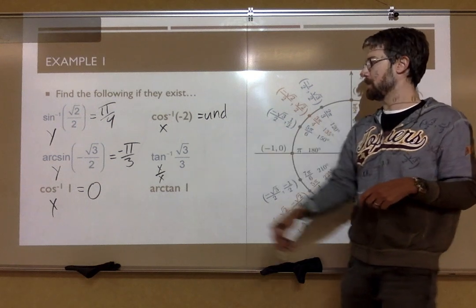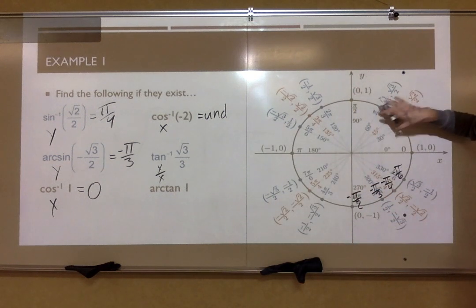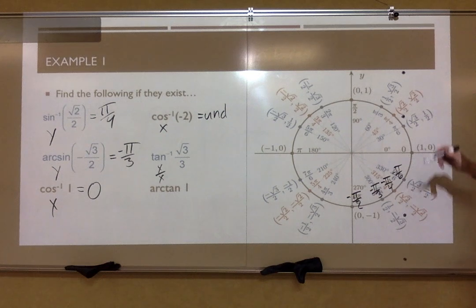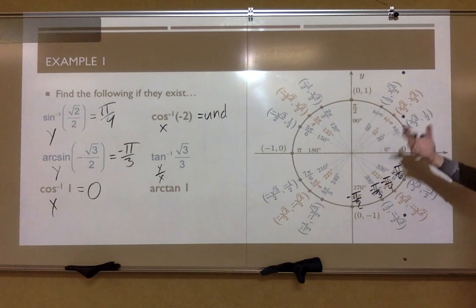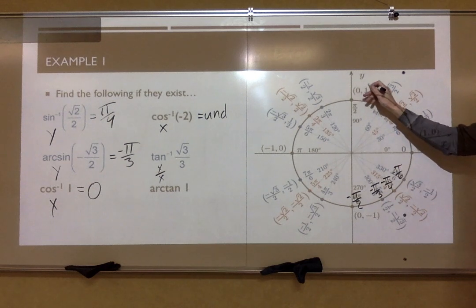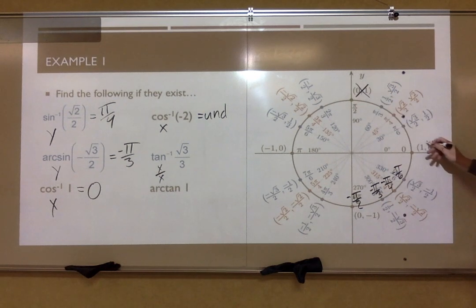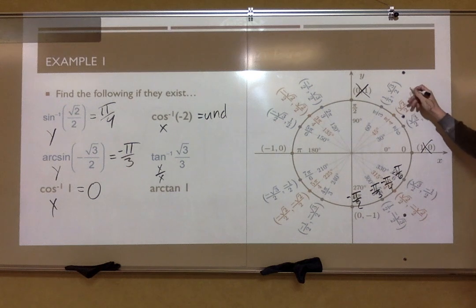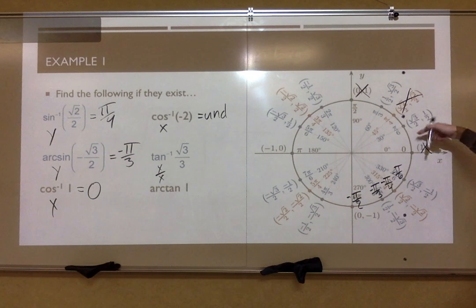Root 3 over 3 is positive, so that means it's got to be in this quadrant. Let's just say, for instance, I don't know which one to pick. Well, I'm obviously not going to pick this one. It's not going to be 1 over 0. It's not going to be 0 over 1. It's not going to be this one. It's got to be the one that's got one of the root 3's in it. So I can really just pick one and give it a shot. I'm going to pick pi over 6 and see what happens.